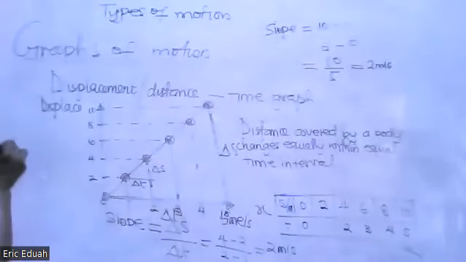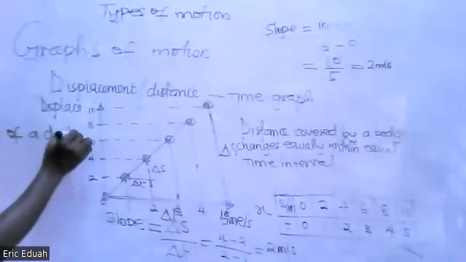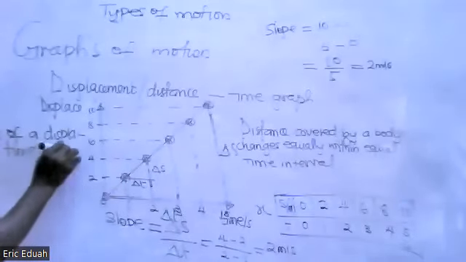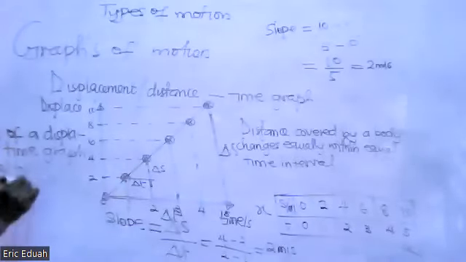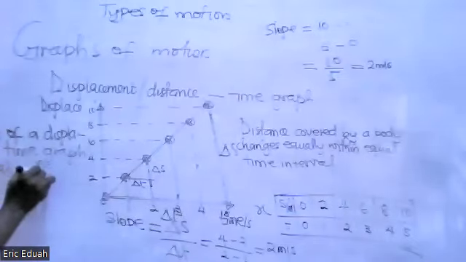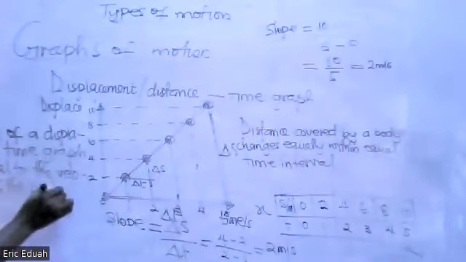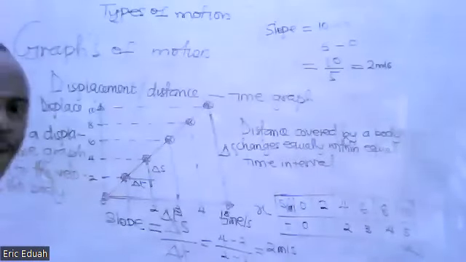So the slope of a displacement time graph is equal to the velocity of the body, either displacement or distance.